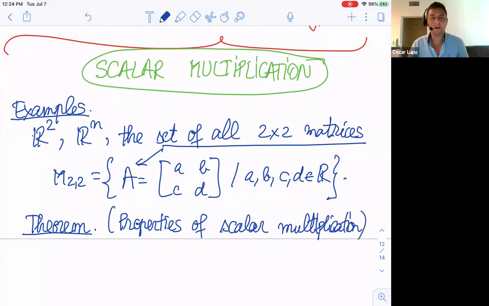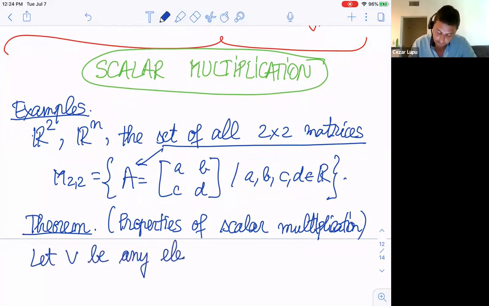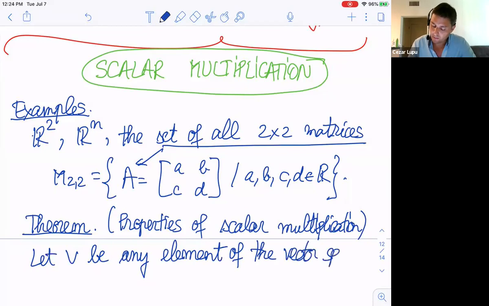The properties are the following. Let v be any element of the vector space V. This is a little v here, and this is the big V.